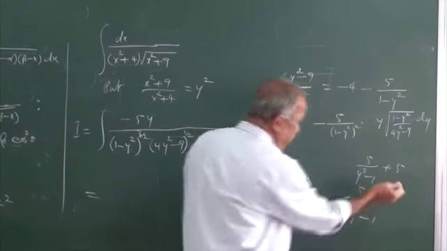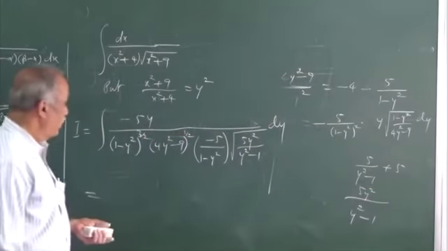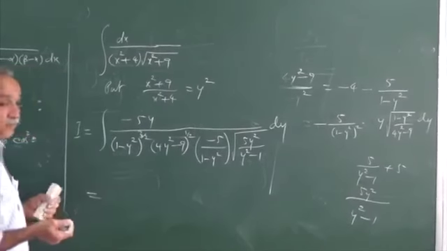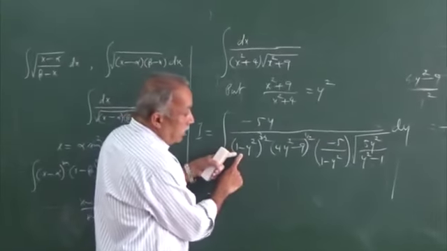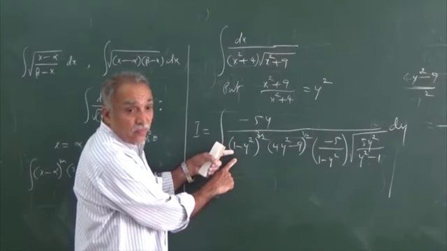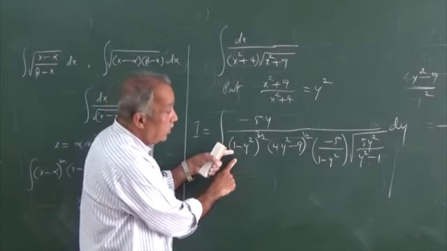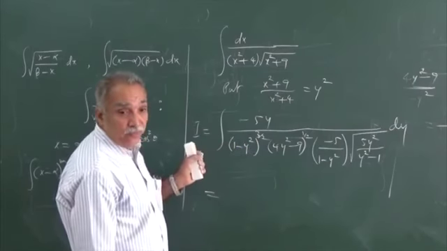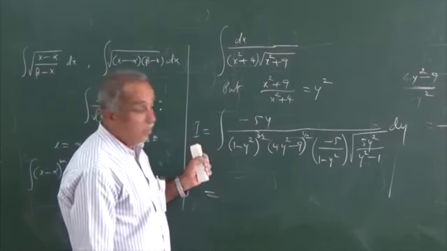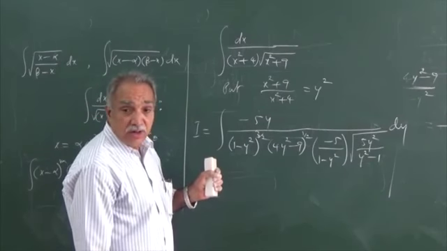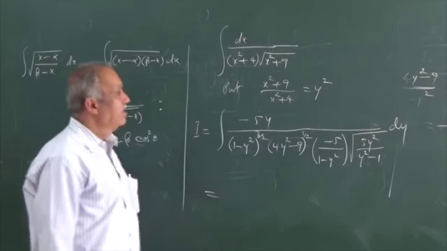Y square. Okay, no problem. 1 minus y square cancel. Root of 1 minus y square remains now. Irrational, imagine non-real. Some mistake.